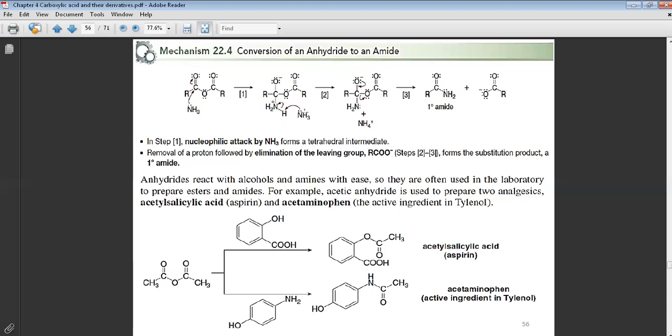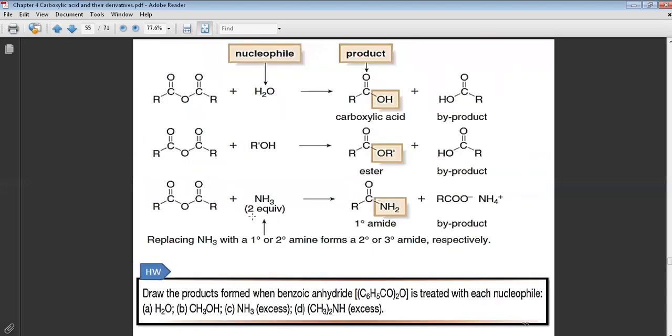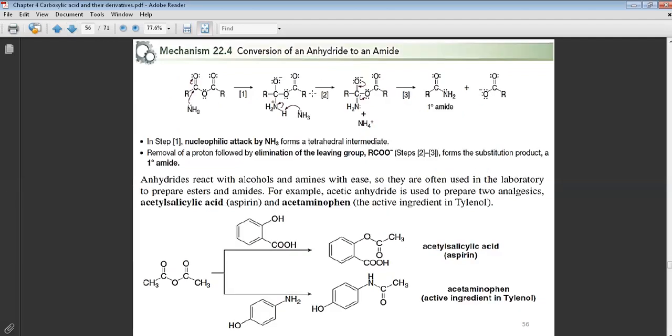We have excess NH3, two equivalents of the base, like this. Look here, two equivalents of the base, NH3. Also here he said CH3NH2 excess, that means more than one mole.